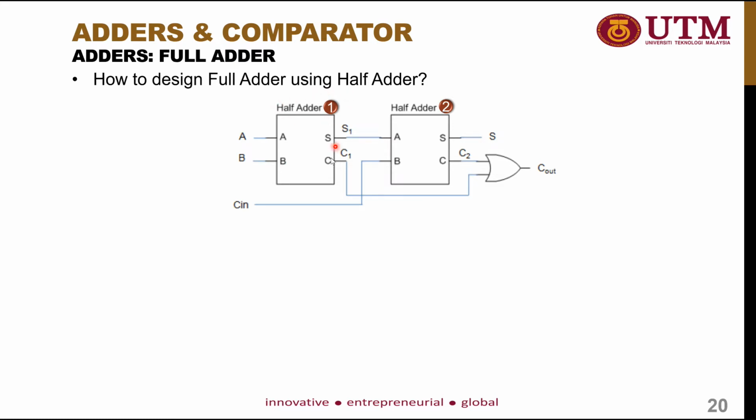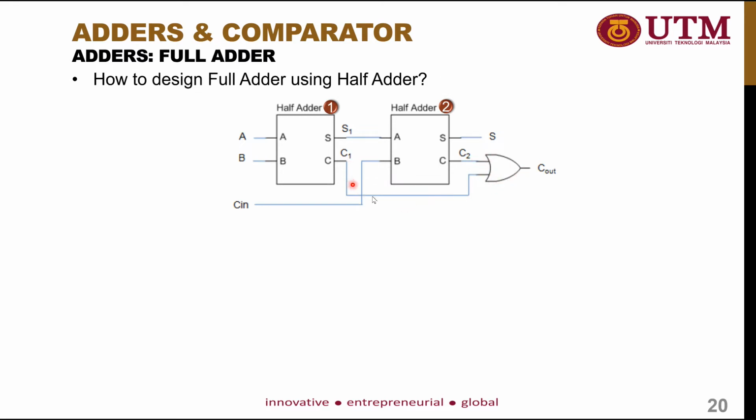Then the sum from the first half adder will be connected to the input A of the second half adder. Then we have the third input, which is the Cin for the full adder. Cin will be connected to the input B of the second half adder, and the output carry of the first half adder will be connected to an extra gate. For this example, we are using an OR gate.